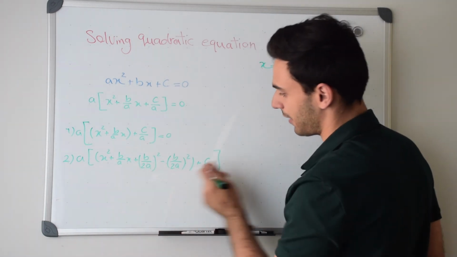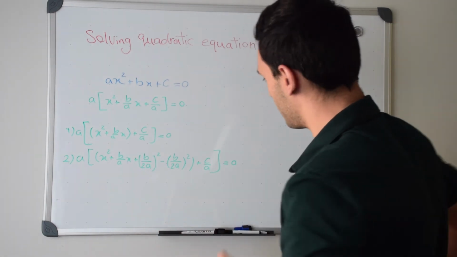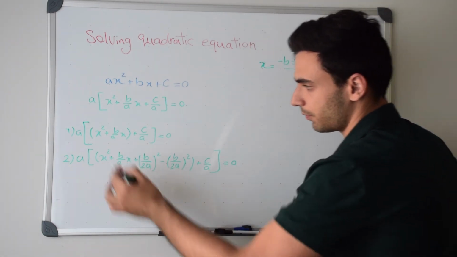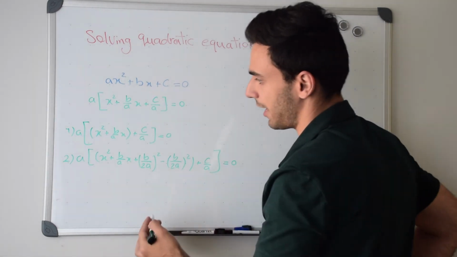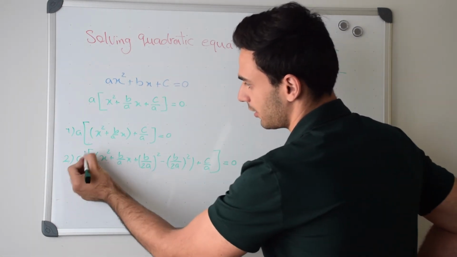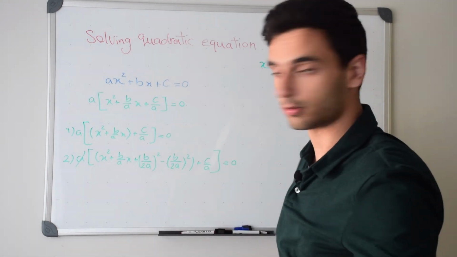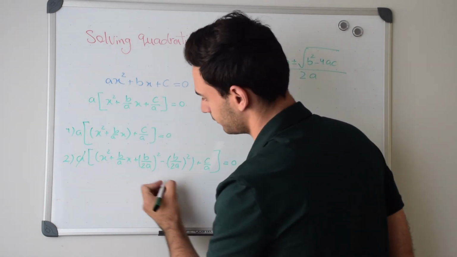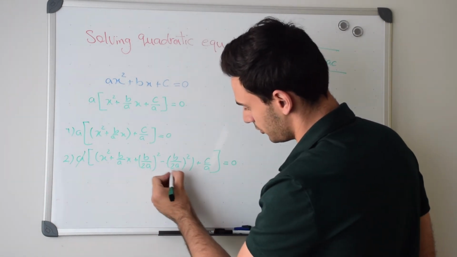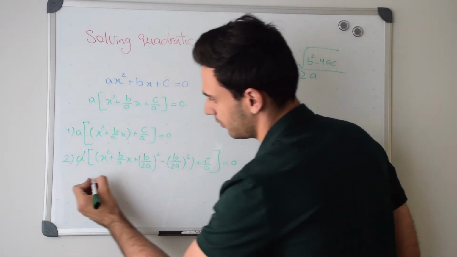Now we have a big bracket here, right? One thing I can do is divide both sides of the equation by a. And if I do that, I can get rid of a, and 0 divided by a is 0. Done. Now here, I also want to take b over 2a squared out, right?